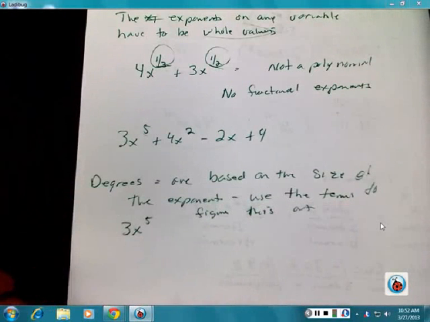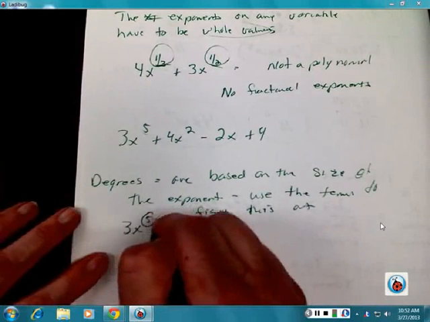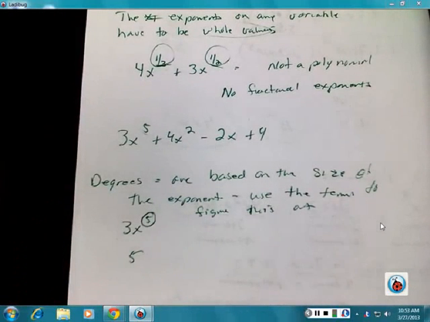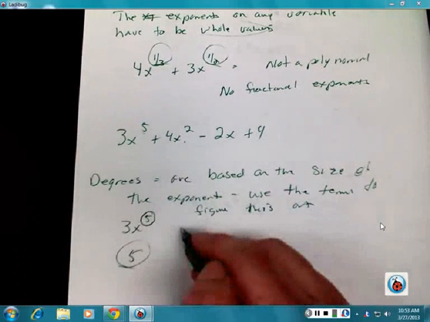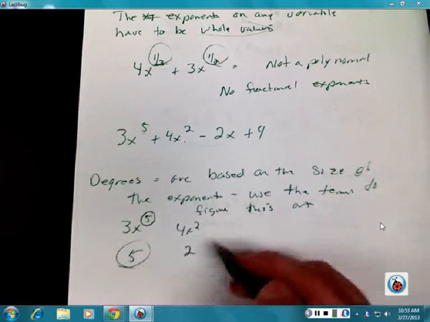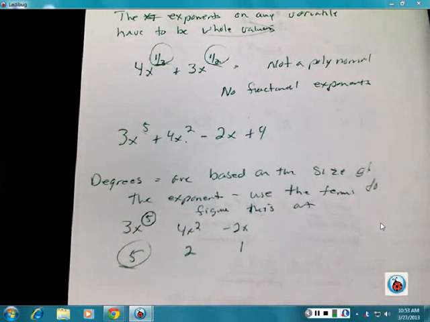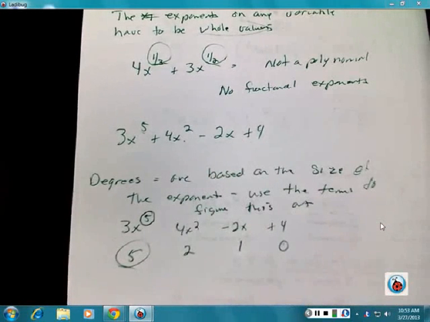If I were going to find the degree of this one, I look at my exponent. My exponent's 5. So the degree of that first piece is 5. The degree of the second one is 2. The degree of the third one is 1. And the degree of the last one? It doesn't have an x, so it really has a degree of 0, because there's no x.